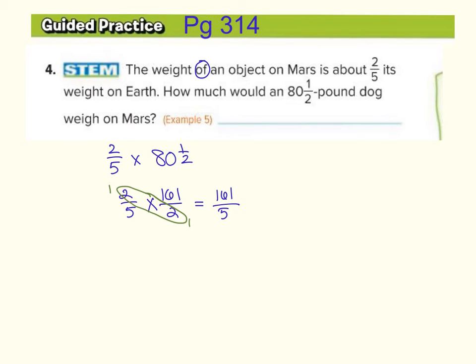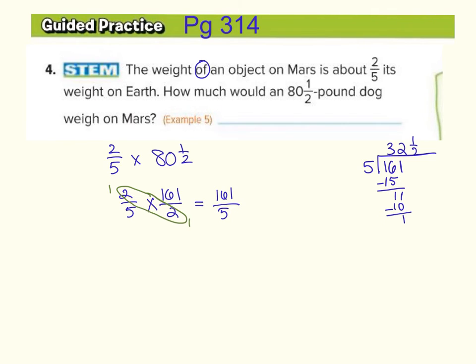Okay, so off to the right of our paper, or somewhere where you have room, let's set up our division algorithm. 5 goes into 16 3 times. That gives us 15. Subtract. 5 goes into 11 2 times, and there's going to be 1 left over. Okay, so that means let's finish this up with a statement.